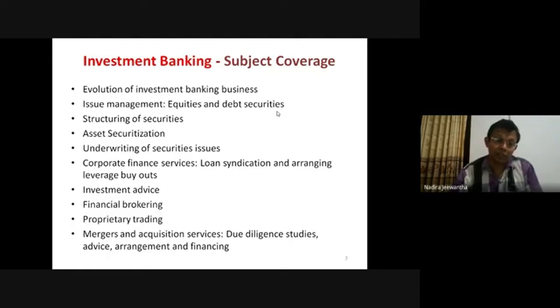So when you structure an instrument, time is also important. What do you mean by that? Very important question, right? Now somebody is willing to fix. Now you have decided to issue a debenture. For example, you are going to issue a floating rate debenture rather than fixed rate.